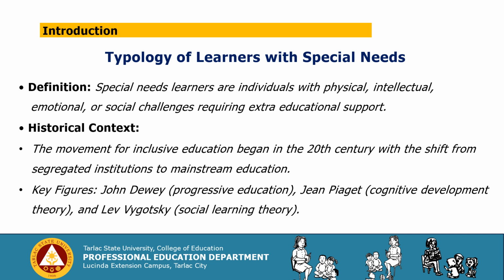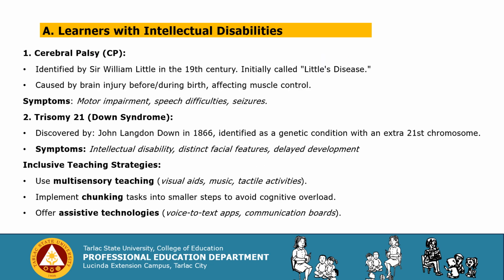Piaget showed how children learn differently at different stages, which helps us understand special needs learners. Also, Lev Vygotsky emphasized learning through social interaction, supporting the idea that these learners benefit from being included in regular classrooms. Let's start with letter A, learners with intellectual disabilities.